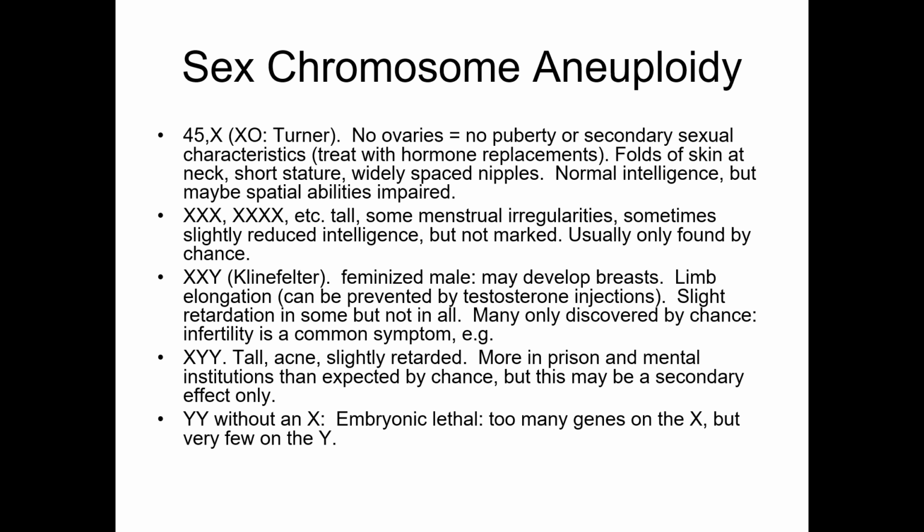Then even if you see the breast and nipples, they are widely spaced nipples. So this is what you call Turner syndrome, which is because of the absence of one sex chromosome.